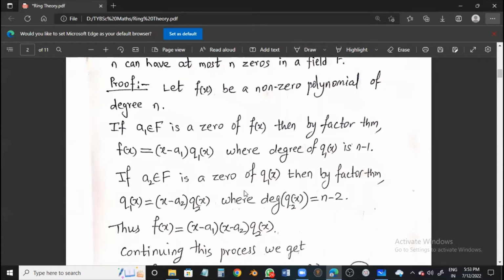So in that case, what is going to happen? q1 of x will be written as x minus a2 times q2 of x. And what will be the degree of q2 of x? Because q1 has degree n minus 1, q2 should have degree n minus 2. Then and only then the left side will match the right hand side. Because whenever you write two polynomials as equal, their degrees must be the same. I suppose you are following.